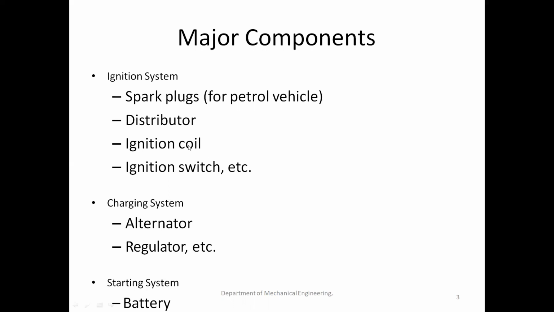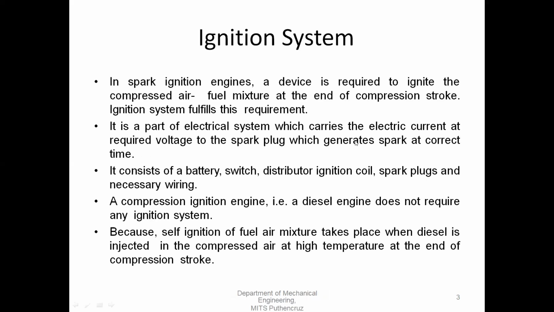Okay, these are the different ignition systems, charging systems and starting systems of the vehicle. What is an ignition system? In spark ignition engines, a device is required to ignite the compressed air fuel mixture at the end of the compression stroke.